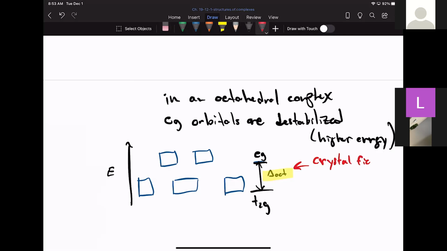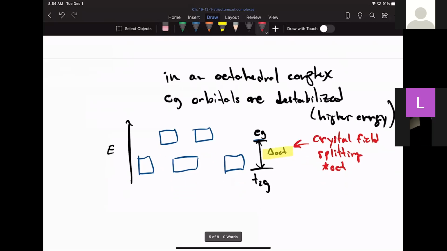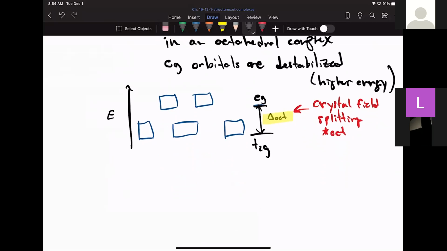That symbol here represents something that we call crystal field splitting. And this one in particular is crystal field splitting of an octahedral, right? I could change that and put tetra there, and that'd be the crystal field splitting of a tetrahedral. So what is crystal field splitting? Crystal field splitting is the difference in energy level there. We definitely have different energy levels for these.